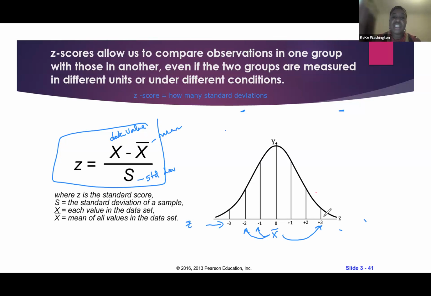We like to use z-scores when we're trying to compare a group to another group. For example, if I were to make a comparison between the scores on the test in my online class to the scores in my in-person class, if you had students that wanted to make a comparison, you need to calculate a z-score. Whatever data value you are converting, the z-score gives you a standard score.